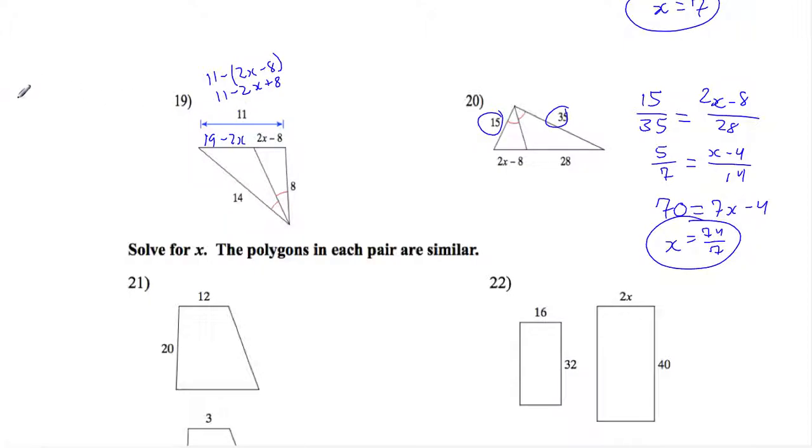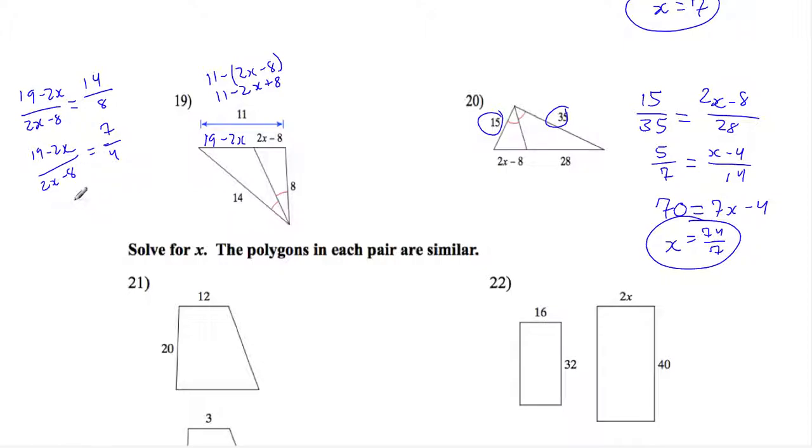So again, I can set my proportion as 19 minus 2x to 2x minus 8 is equal to 14 to 8. Again, I can divide those both by 2 to get 7 to 4. 7 to 4 is equal to 19 minus 2x over 2x minus 8.